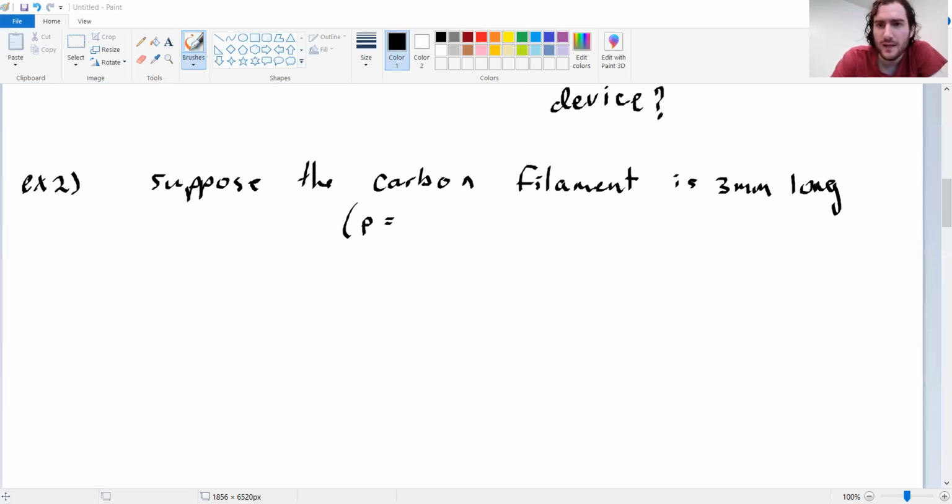An actual filament is a composite material, mostly carbon. So, okay, Sean gives us 3.5 times 10 to the minus 5 ohm meters. So we'll just pretend that that's the exact resistivity for the carbon filament.